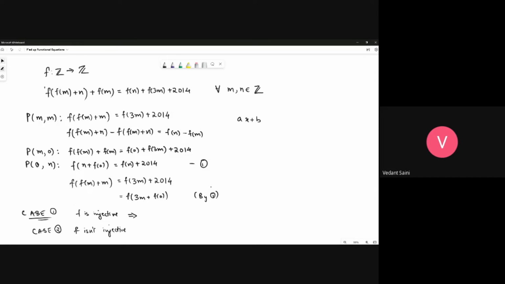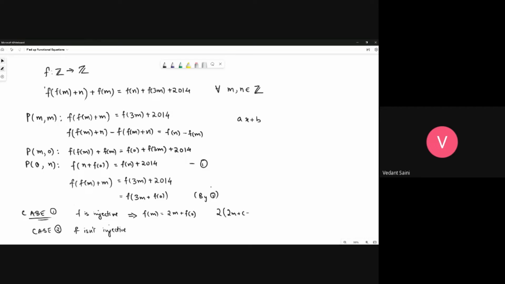By this equation, f of n equals 2n plus f of 0. And putting this into the original equation, we can easily find out the answer. So let's do it. I'll abbreviate f of 0 as c for ease of writing.